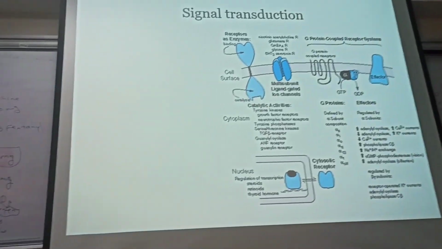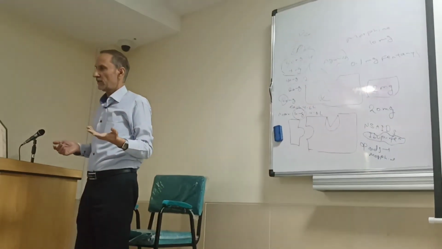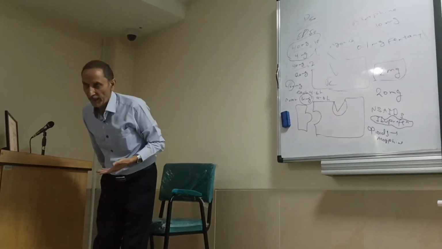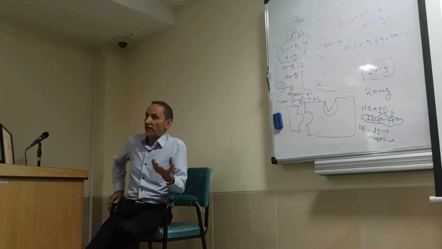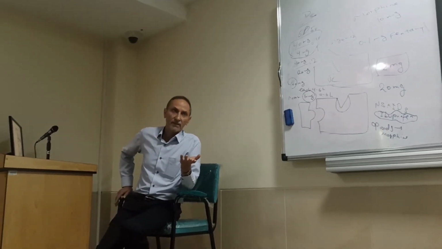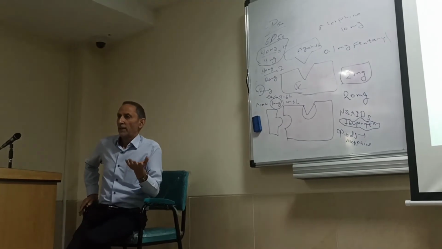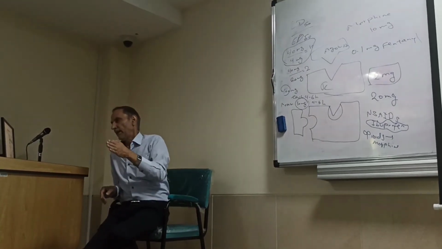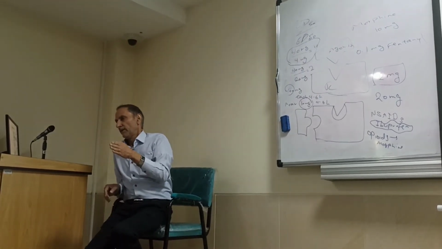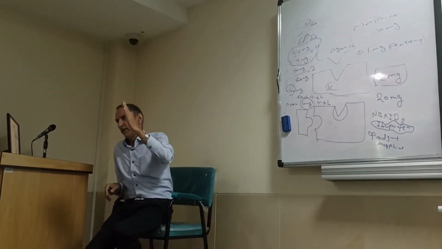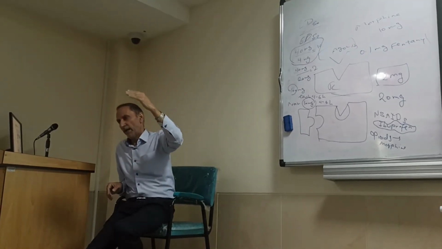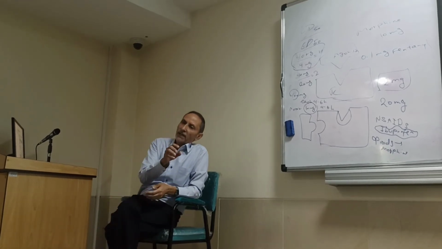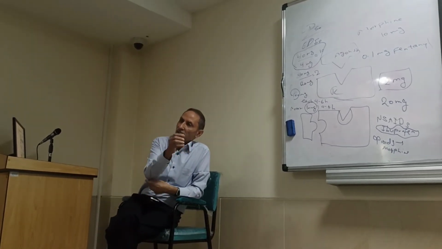Enzymes like tyrosine kinase, serine kinase. You know that kinase phosphorylates the substrates. So, in some cases, we have enzyme-linked activity. The receptor has extracellular and intracellular domains. The extracellular domain has the binding site for agonist.